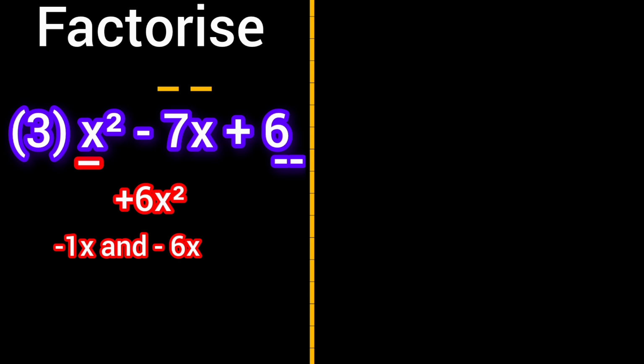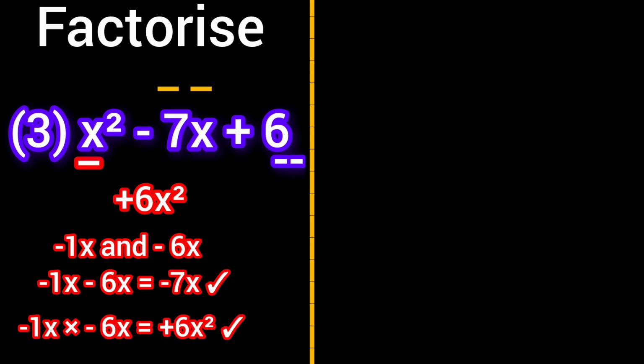Why? Minus 1x and minus 6x will give us minus 7x. And when we multiply them, we are going to have plus 6x squared. That is, minus times minus is plus. 1 times 6 is 6, and x times x is x squared. And that gives us plus 6x squared.